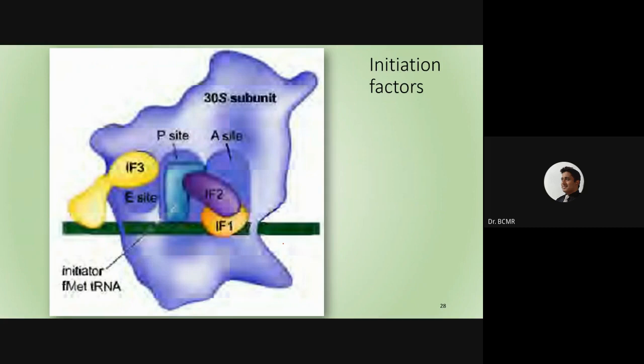What we are going to see now is the many other factors that are involved in translation. As a concept, what is happening to the information is one thing. Based on the sequence of nucleotides in mRNA, the ribosome is producing a sequence of amino acids, which is going to form a protein, a functional protein or a structural protein.